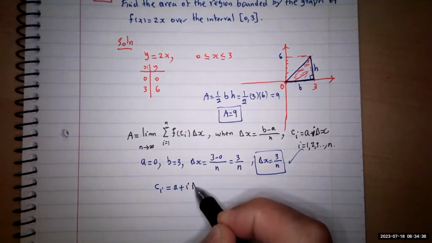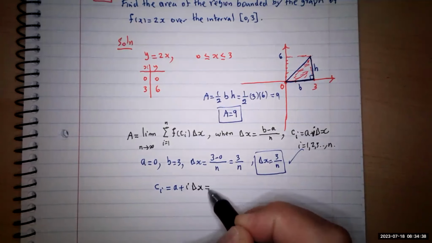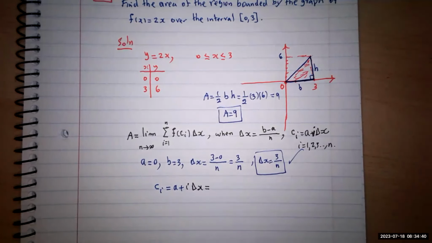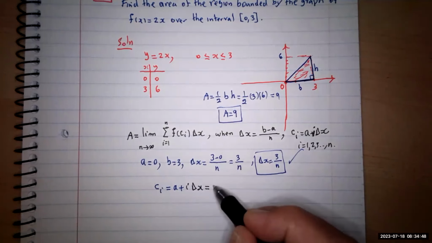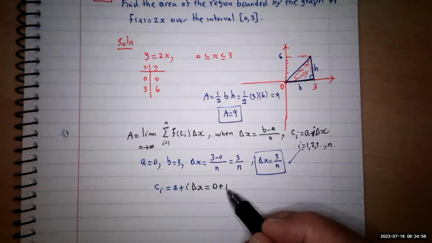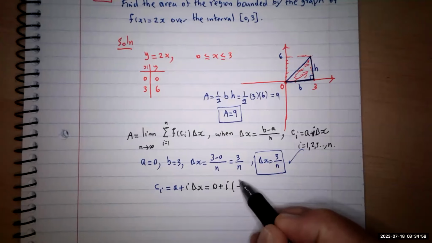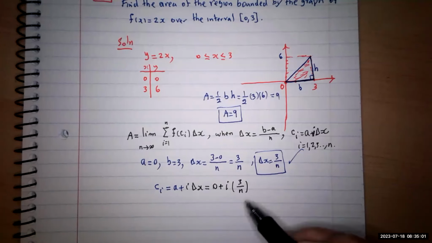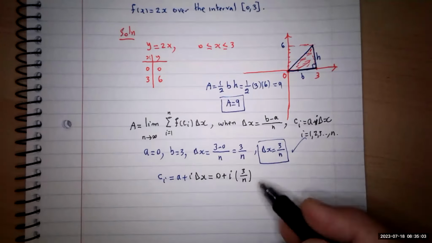Now substitute. We have a equal to 0, so it's going to be 0 plus i times delta x. The delta x is 3 over n, so it's i times 3 over n, which is simply 3i over n.